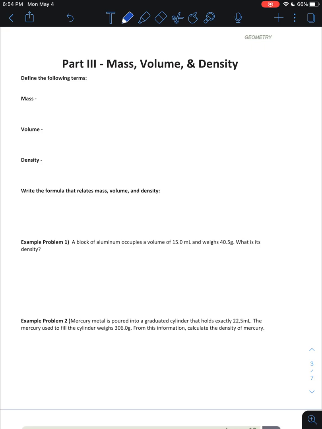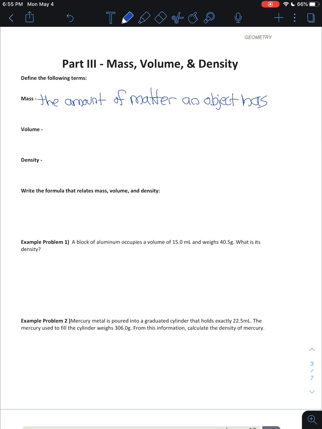So mass is the amount of matter an object has. And this is kind of similar to the weight. It is a bit of a distinct concept, but you can kind of think of it as the weight, how heavy the object is. You know, the more matter it has in it, the heavier it's going to be.